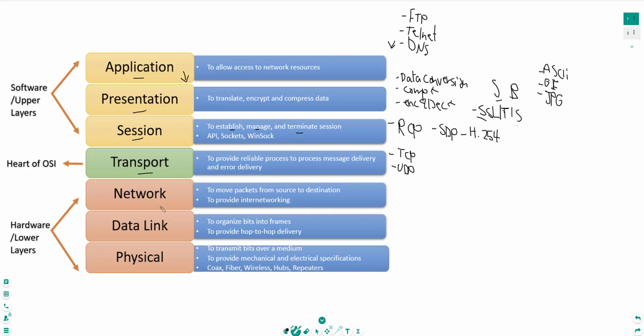Now, coming to the network layer, it is responsible for delivering the transport layer data between the source and the destination host. One of the common protocols at the network layer is the IP protocol, and another one is ICMP.